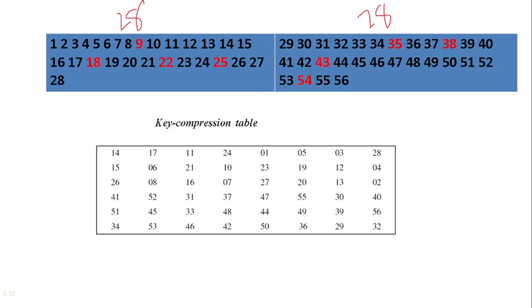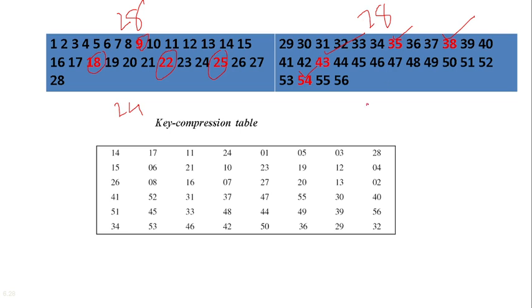In the first 28 bits, the 9th position, 18th position, 22nd position, and 25th position elements are dropped. How many remain? 28 minus 4, 24. In the second 28-bit block, the 35th position, 38th position, 43rd position, and 54th position elements are dropped.